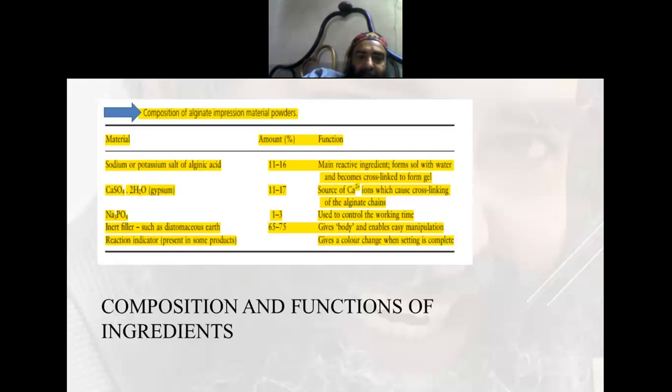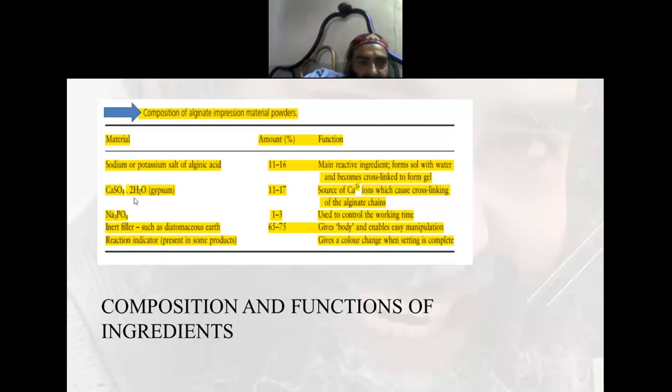Now the composition and functions of ingredients are available in this table. Sodium or potassium salt of alginic acid is 11 to 16%, and it is the main reactive ingredient. It forms sol with water and becomes cross-linked to form gel.